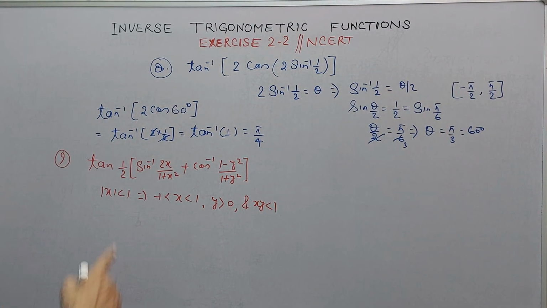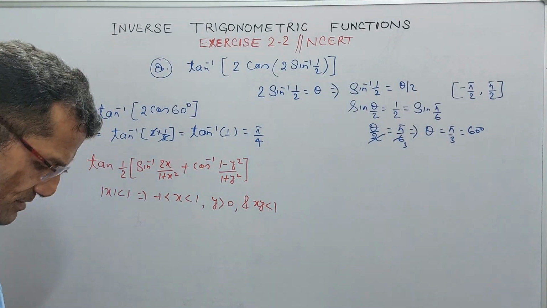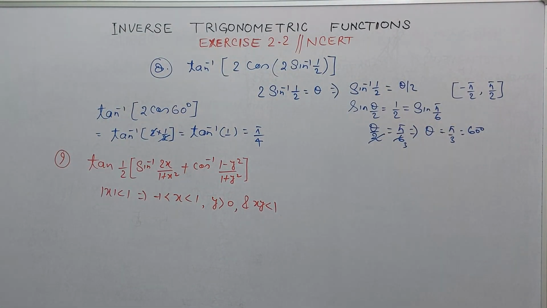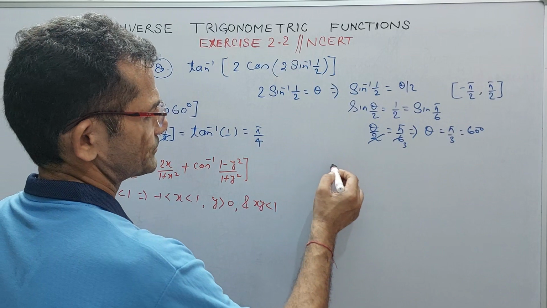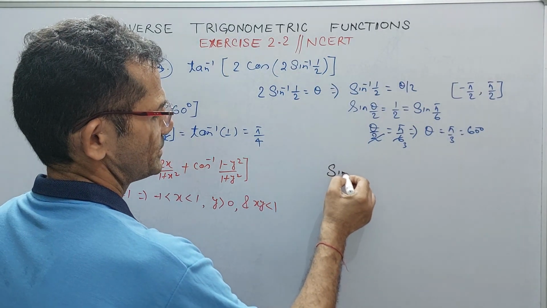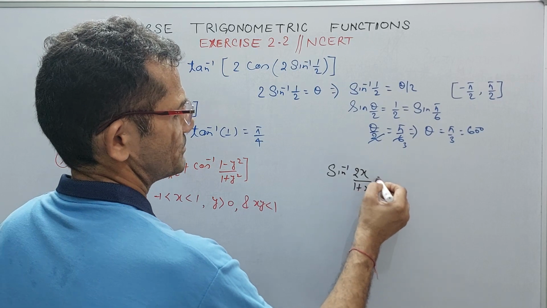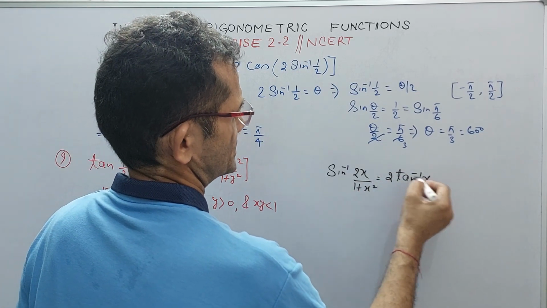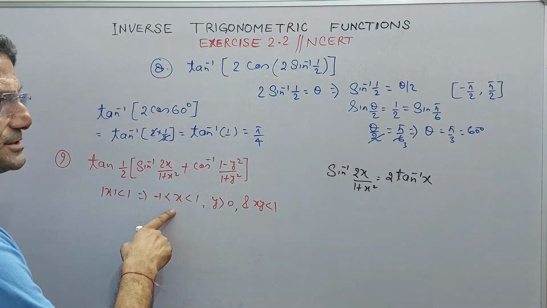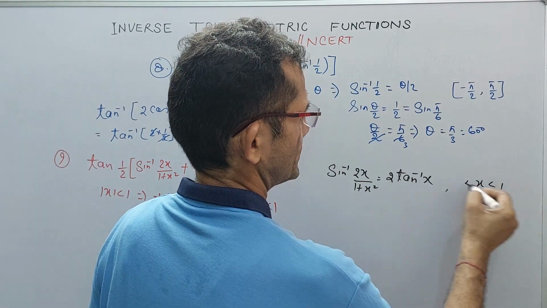Here we have this formula: sine inverse of 2x divided by 1 plus x square will be 2 tan inverse x. For it, the condition is that x lies between 1 and minus 1.